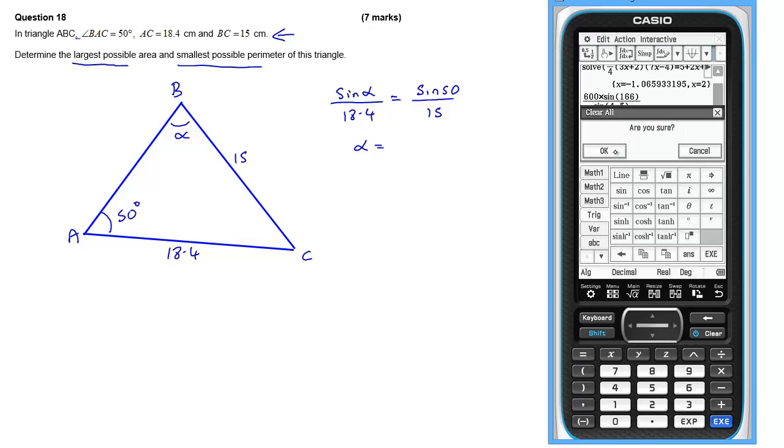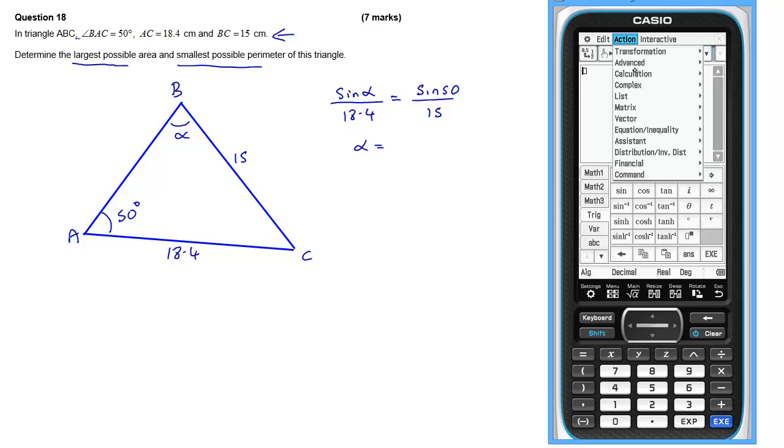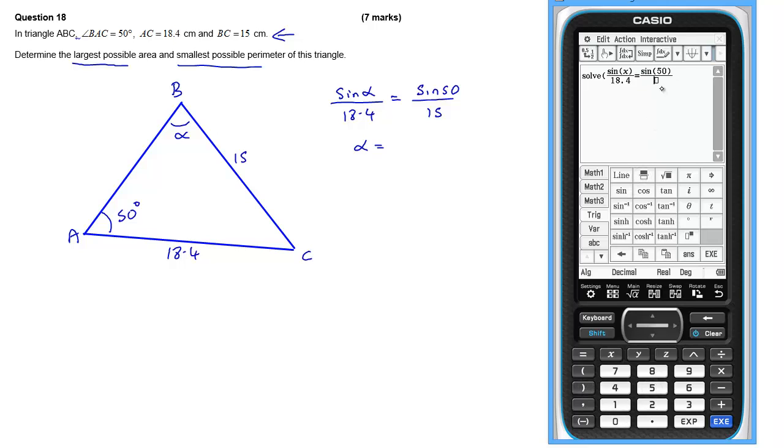Let's just solve sine x over 18.4 is equal to sine of 50 over 15, and I'd like to solve that between 0 and 180.